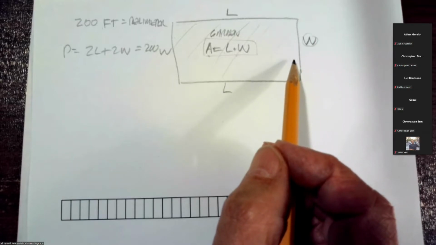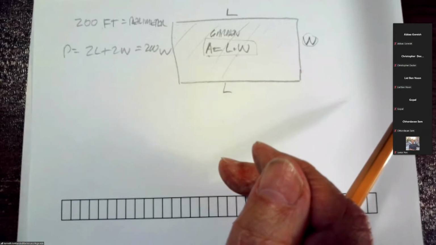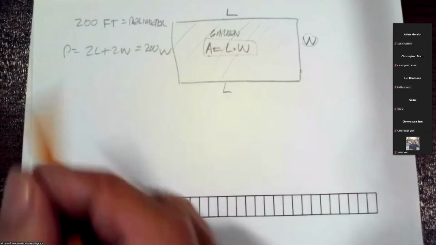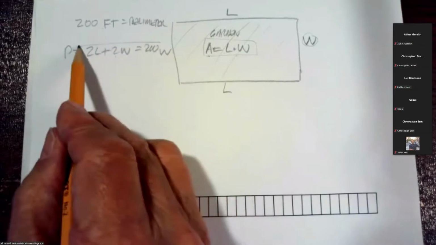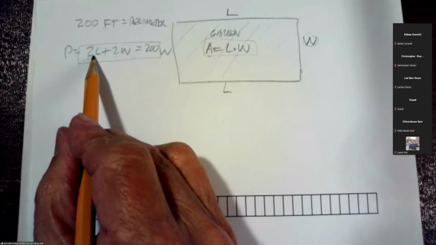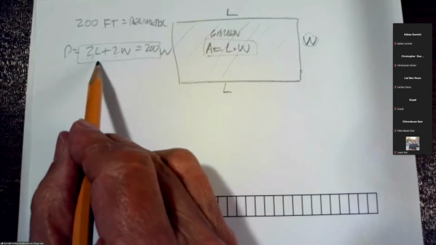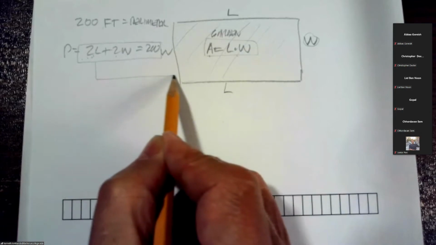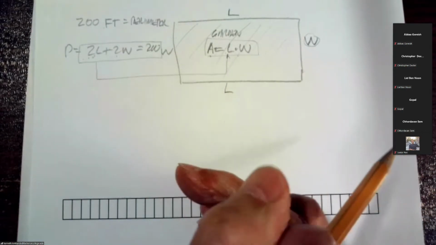Is there a way we can convert any of the equations we have and just show width? Well, let's see, we have an equation here. If we were to solve this equation for L and then plug that L into here, that would do it, wouldn't it?